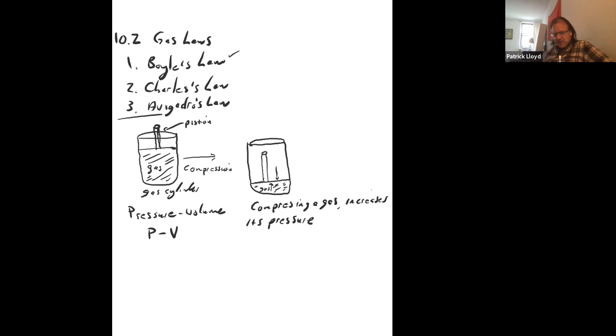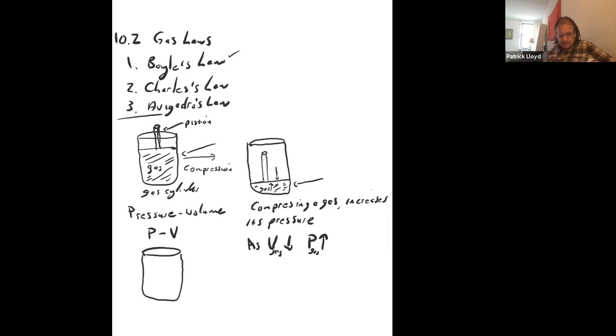And a way of putting this mathematically is that as V decreases, P of the gas increases. Okay? They're inversely proportional to each other. As one goes up, the other one goes down. So this is going to have a higher pressure here than it had over here. And the same is true for expansion. So for expansion, okay, we'll start off here.